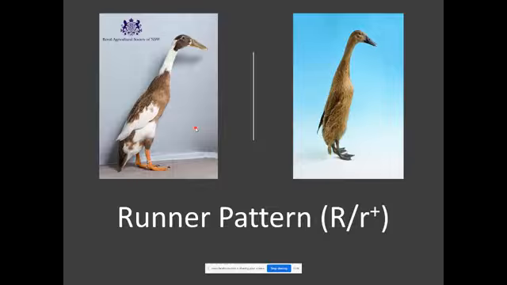Again, there are differences around the world as to what the genotype of a fawn and white runner is, but from our Australian perspective, I think the key thing to remember is that you've got the runner pattern gene. So what you can see is you have restriction of the colour on the neck and the wings here. And we also see this gene sometimes, I believe, popping up in some of our call duck colorations, and I'll touch on how it interacts with another gene in a short moment.